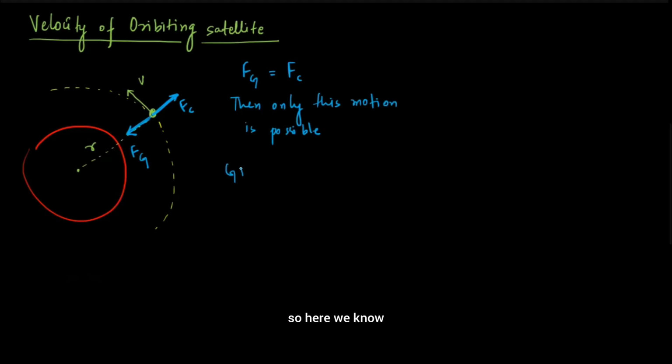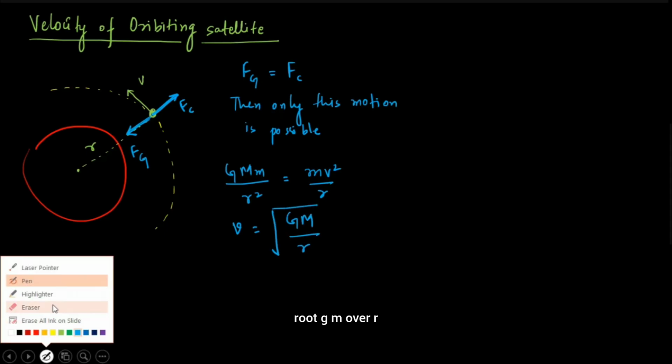Here we know that the gravitational force is GMm over r square, and this centrifugal force is mv square over r. If we solve this, we'll get velocity as root GM over r.